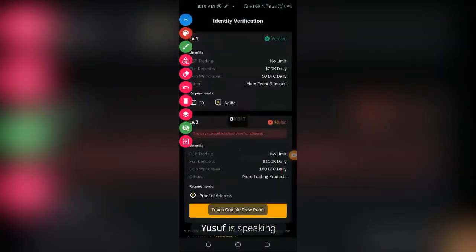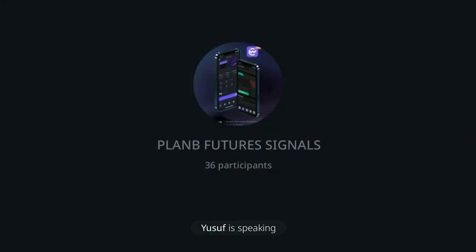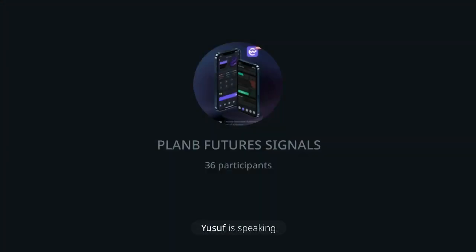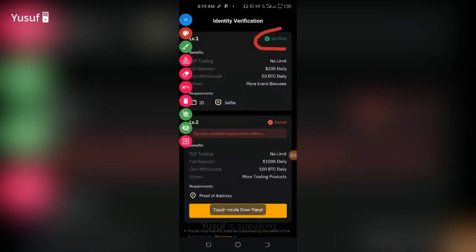Then while clicking on this verification and you are trying to register it, when they give you an option to pick an ID, it's faster to use BVN. And on the BVN, you may discover that they wrote TIN. I'm not sure, maybe I can still go there again because I've been verified on the first stage already.